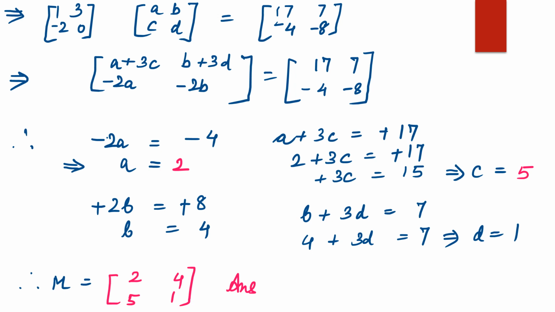You can do the calculations: a plus 3c, b plus 3d, minus 2a, minus 2b is equal to [17, 7; -4, -8]. Therefore minus 2a is equal to minus 4, a is equal to 2. a plus 3c is equal to 17, c is equal to 5. Minus 2b is equal to minus 8, b is equal to 4. b plus 3d is equal to 7, therefore d is equal to 1.